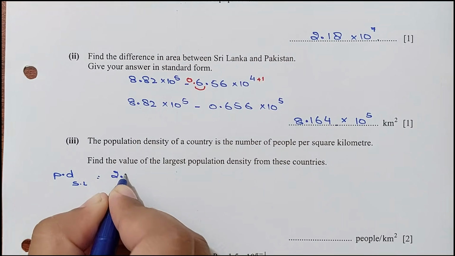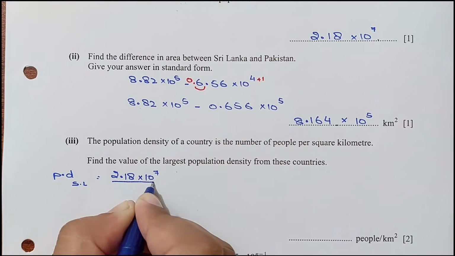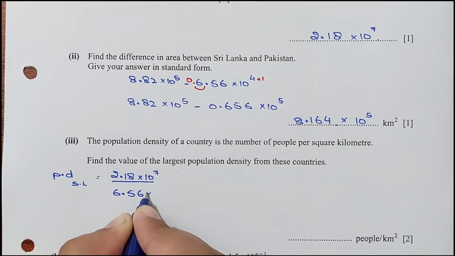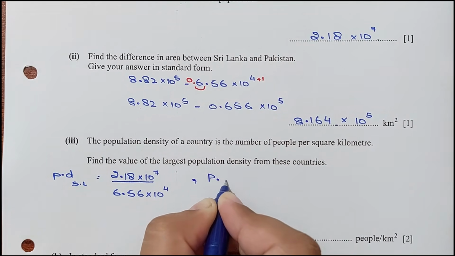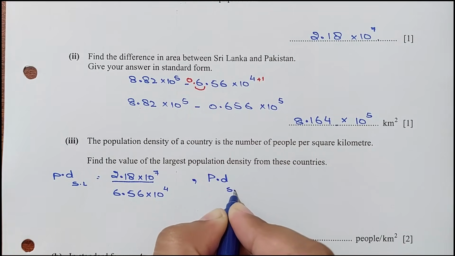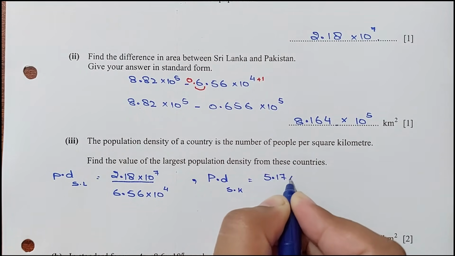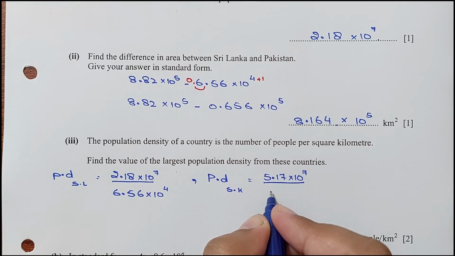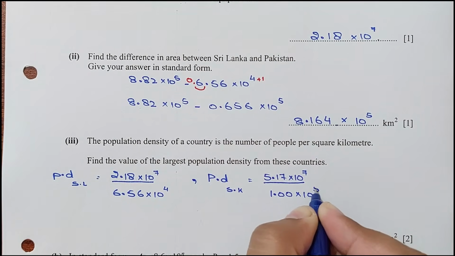So 2.18 times 10 to the power 7 divided by 6.56 times 10 to the power 4, and then population density of South Korea. This is 5.17 times 10 to the power 7 over the area 1.00 times 10 to the power 5.